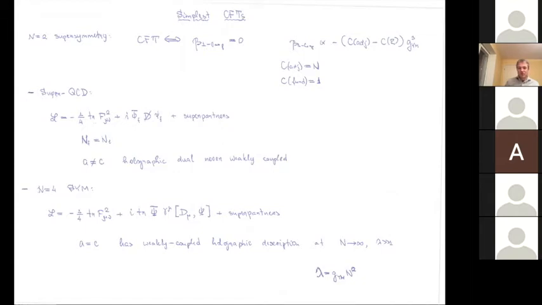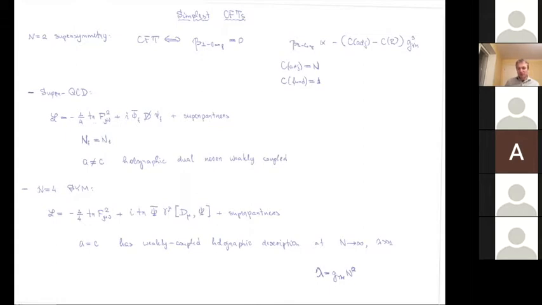Both these types of theories are conformal. The central charge is proportional to N squared. And they have an adjustable coupling, which is just the 't Hooft coupling or the Yang-Mills coupling in both cases. When the central charge is large, this means that the number of colors must be large.